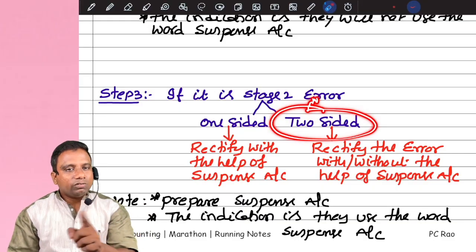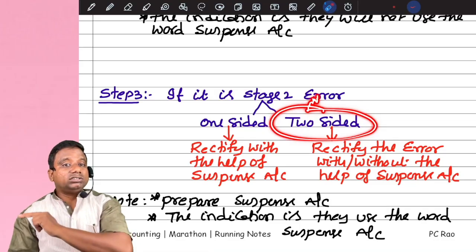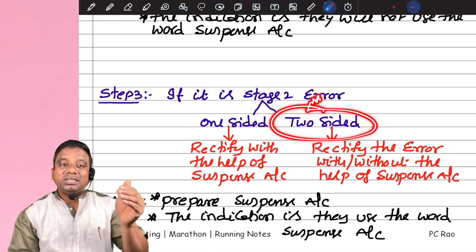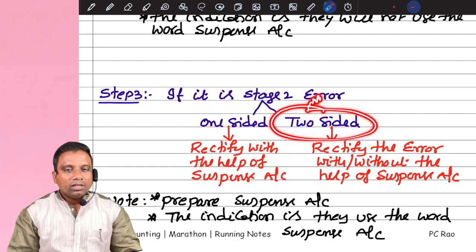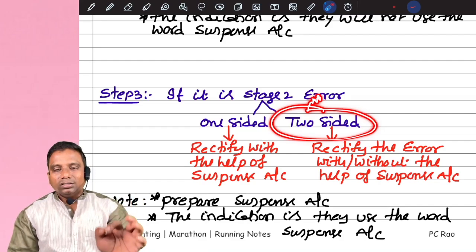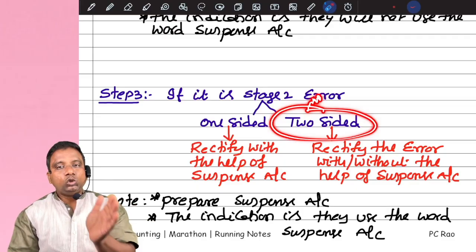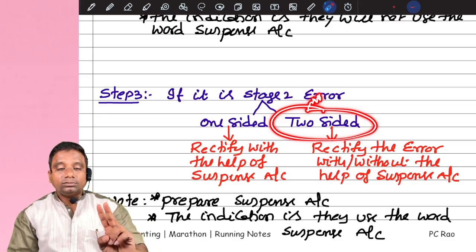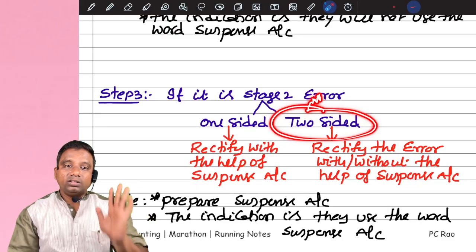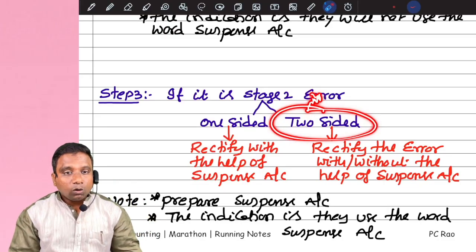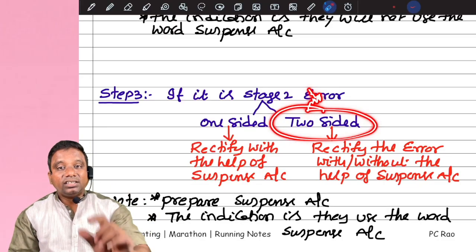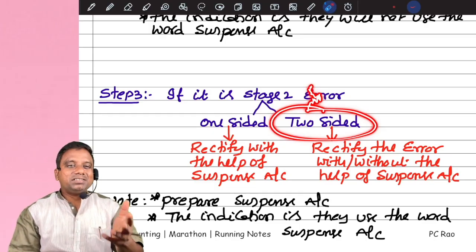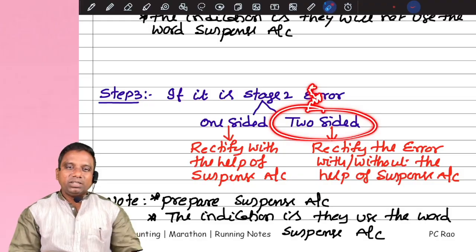If two accounts get credited, you can use suspense account as debit. If it is possible to record the rectification entry with the two accounts, then you can straight away record the entry. If it is not possible, then you can take the help of suspense account. When the problem comes, I will explain.